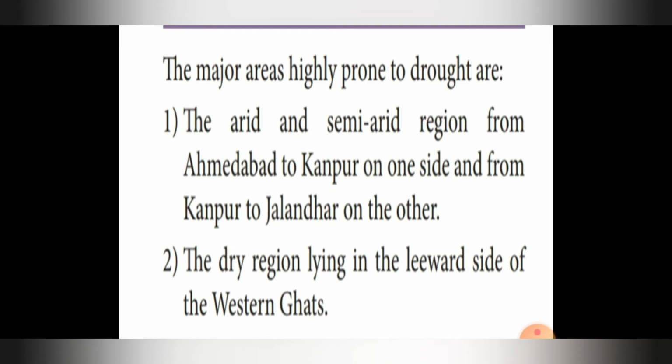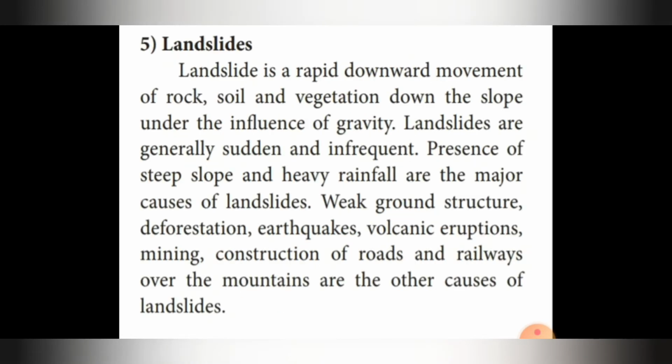Major areas highly prone to drought are the arid and semi-arid region from Ahmedabad to Kanpur on one side and from Kanpur to Jalandhar on the other, and the dry region lying in the leeward side of the Western Ghats.